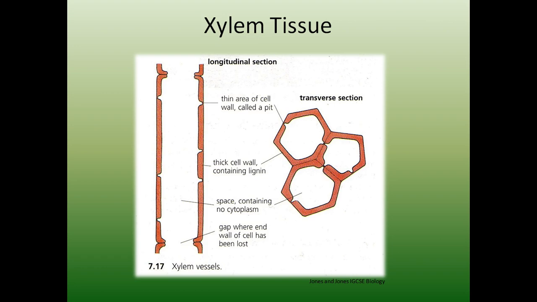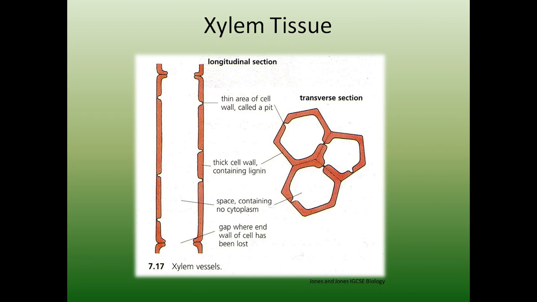The lack of a nucleus or cytoplasm, in other words any living contents or protoplasm, means that there is more space for more water to run through the cell. The cells are also joined end on end, and the cross walls have been broken down. This forms a continuous tube for water to flow through easily with less resistance.